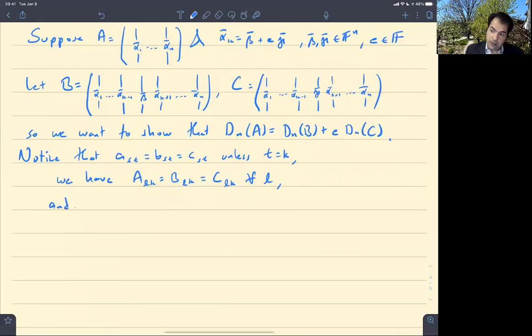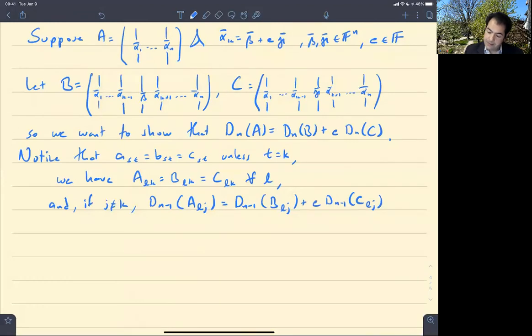Finally, we want to notice that if j is not equal to k, then d_{n-1} of A_lj is equal to d_{n-1} of B_lj plus e times d_{n-1} of C_lj. If you remove the kth column, then these matrices are the same.